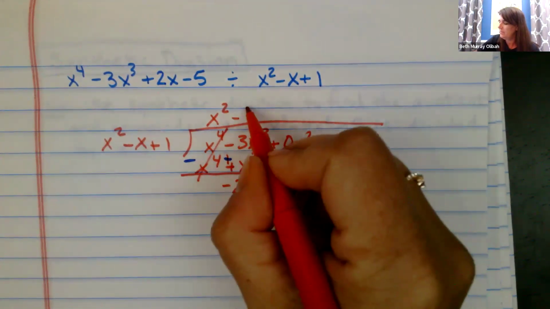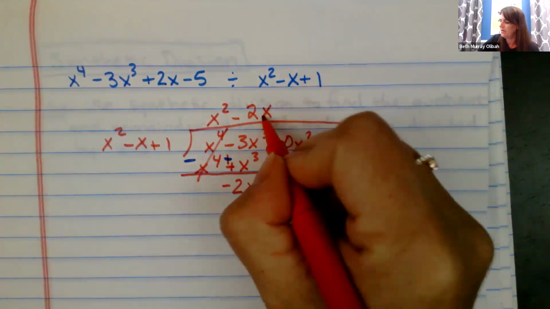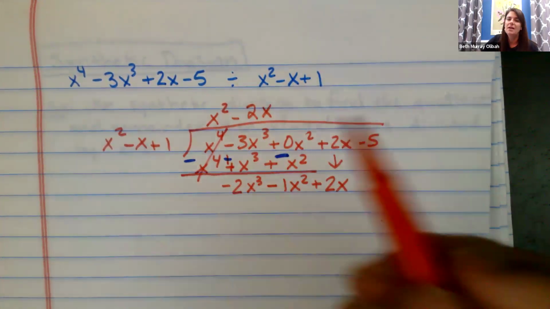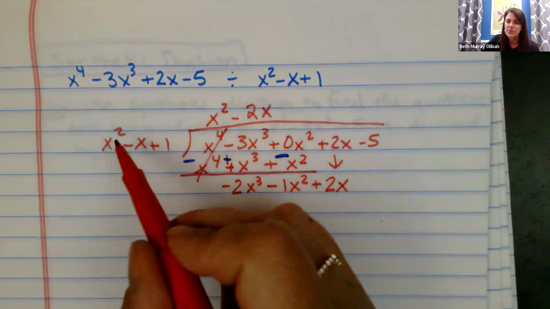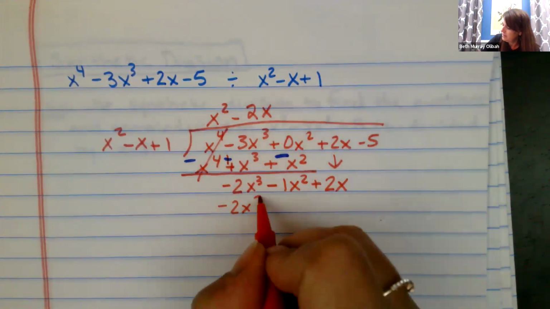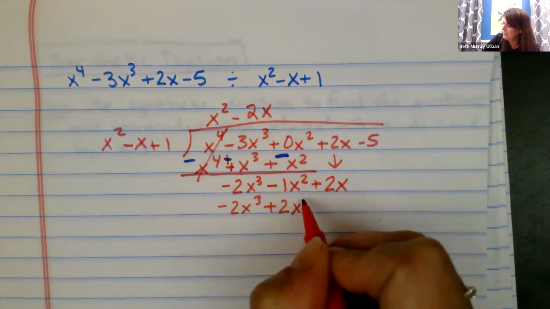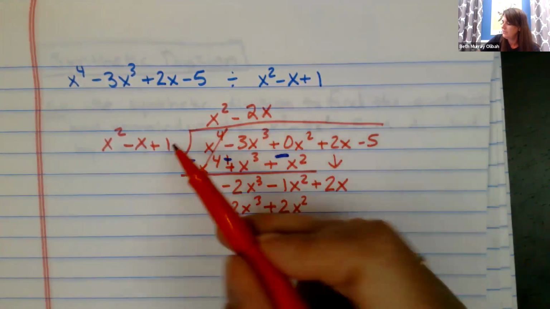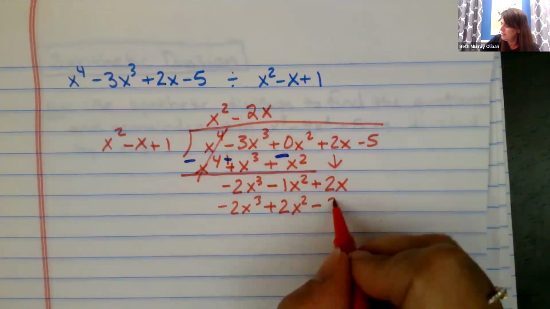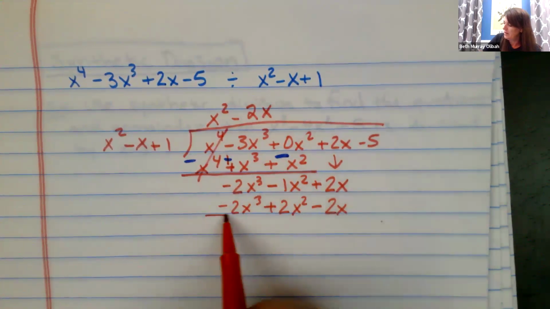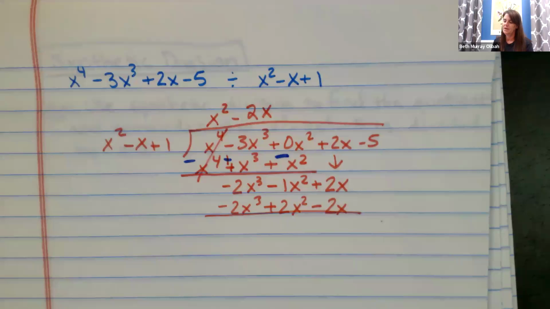I need the negative, I need the 2, and I need another x. Now I multiply. -2x times x squared, times negative x, would give me a positive 2x squared. -2x times 1 would be negative 2x.